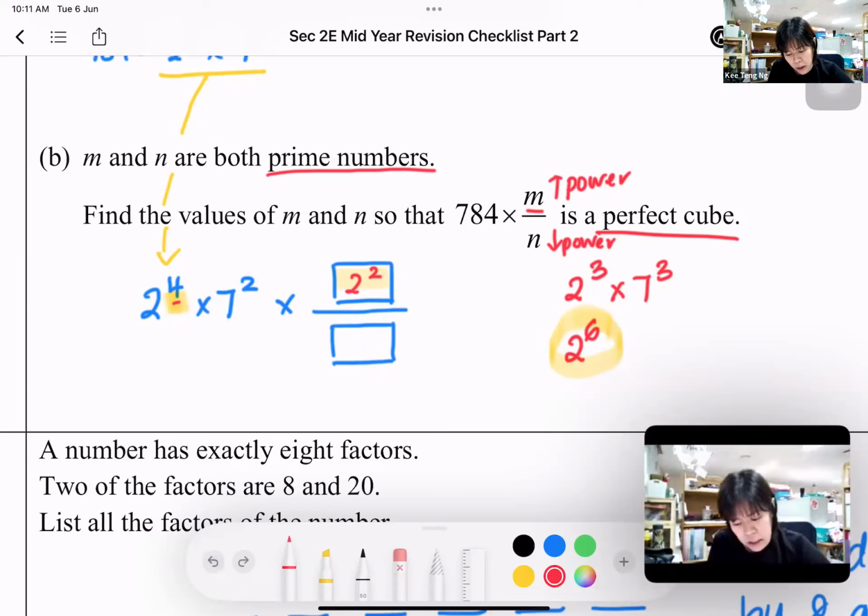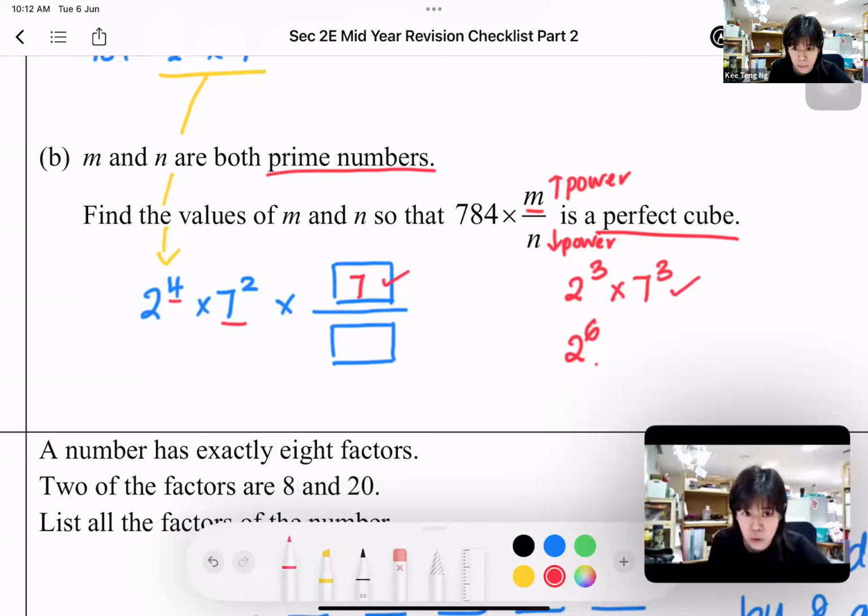So the simpler answer directly will be, I'm going to increase the power for 7 squared. I multiply by 1 more 7 to the power of 1, which is just 7 only. Note that this is a prime number, so it becomes 7 cubed. And then I divide this one over here.